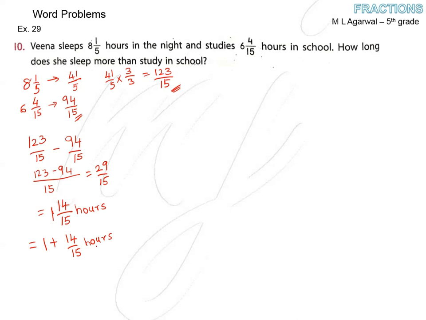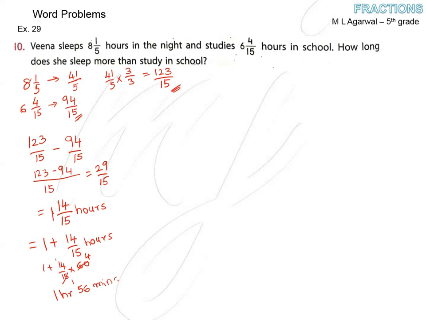So I know that 1 hour is 60 minutes. So I will say 1 plus 14 upon 15 into 60. 1 hour is 60 minutes. So I can say 15 4s are 60. So 4 4s are 16. 4 1s are 4 and 1 5. So the total time is 1 hour 56 minutes.